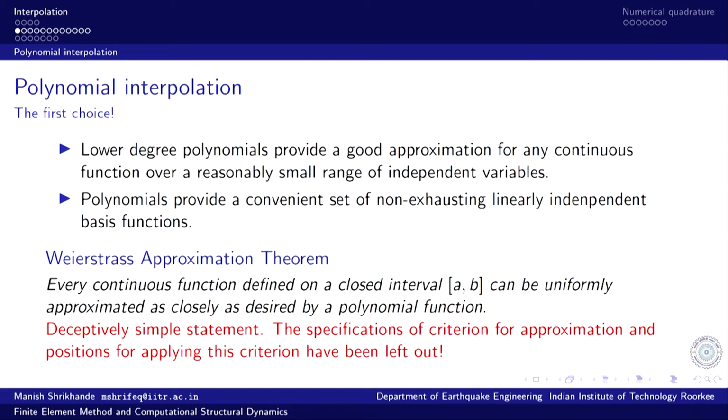Whatever the original function might be, the polynomial family is capable of approximating any arbitrary function over this finite range of independent variables. Now, that is a deceptively simple statement.